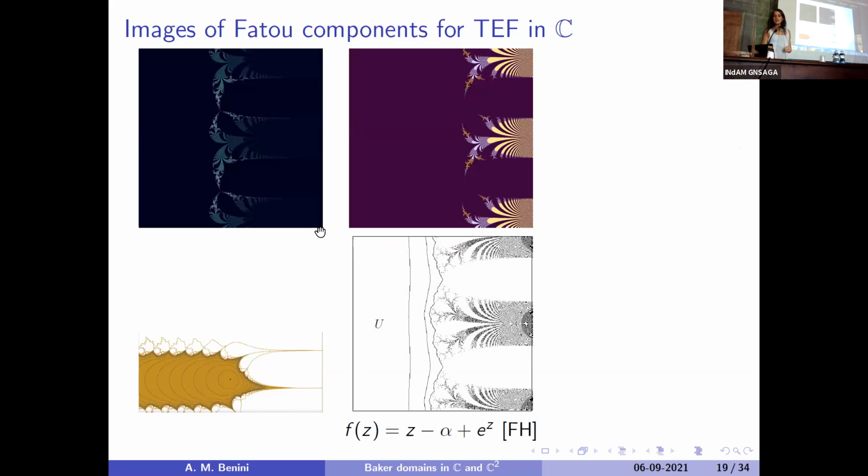And these are a couple of pictures of what happens to attracting basins, and this is a rotation domain for transcendental maps. Here you see these are the curves on which the orbits are moving. This is a Baker domain in which everything moves to the left. So your biholomorphism in this case will be tangent to the identity when you go towards the left, very close to minus infinity, let's say.